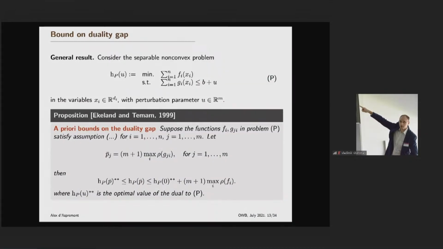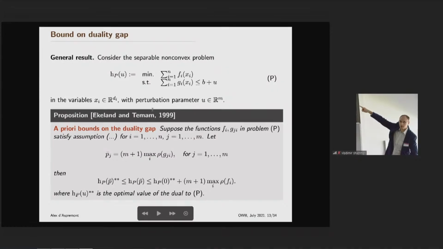So I introduced all these ideas in a very simple setting where the constraints were linear, etc. But in fact, this also applies in more generic problems where the constraints themselves are not linear. And in that case, you can write a sort of master result in terms of a perturbed version of the original optimization problem. And the perturbation is controlled by a parameter u, which appears in the right-hand side over here, right?